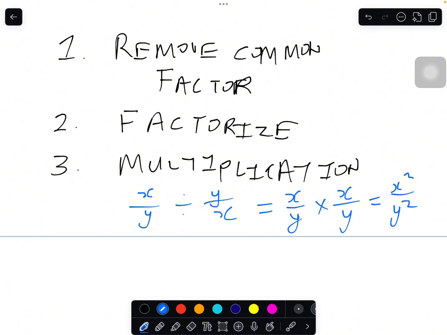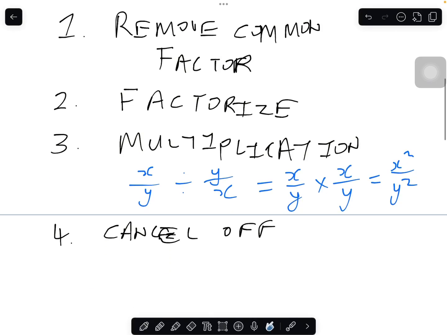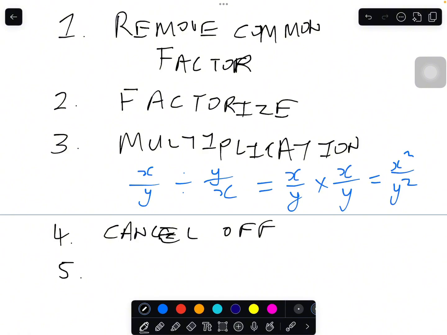The next thing, after you remove a common factor, you factorize, you make sure you're working on multiplication. The final step is to just now cancel off. And then finally, we want to be able to simplify.